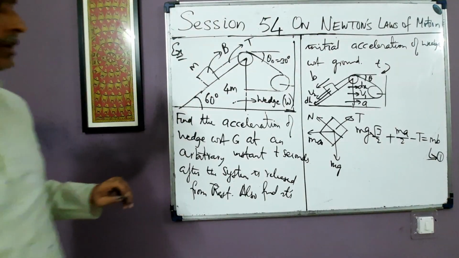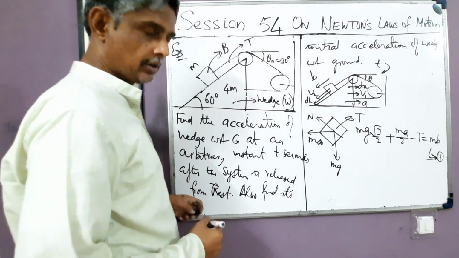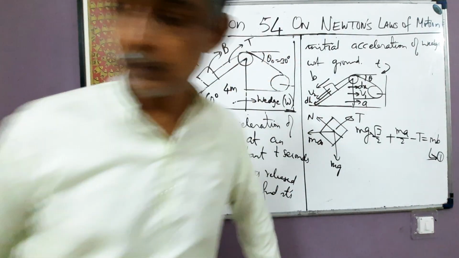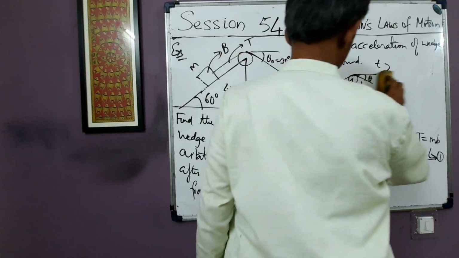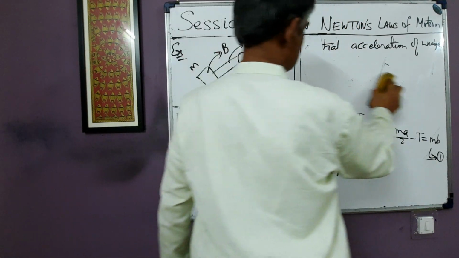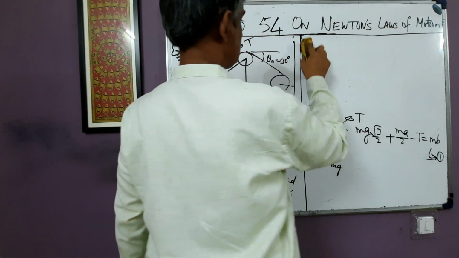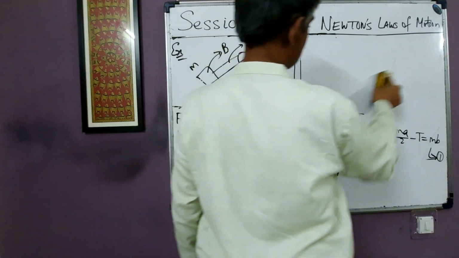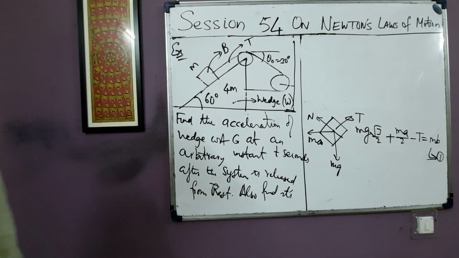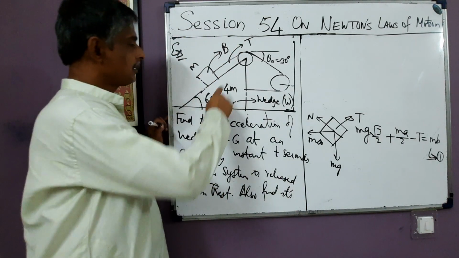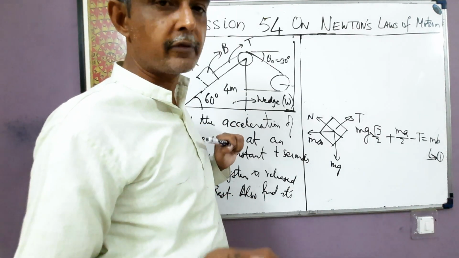Okay, fine. Now I write down the combined equation of motion of wedge plus block in this direction. Now, the combined equation of motion of wedge plus block has to be written with respect to the ground frame.